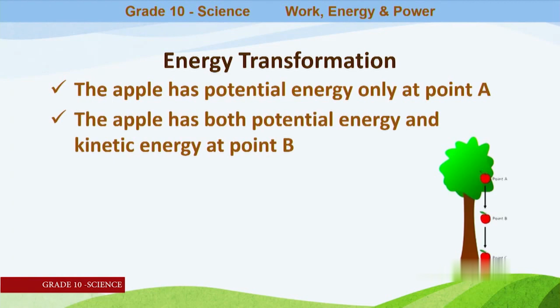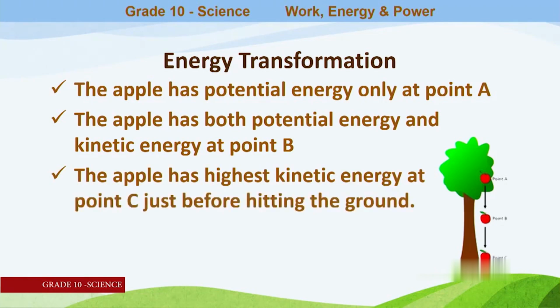At point A, the apple has only potential energy, but at point B, the apple has some velocity as it is falling. So, it has kinetic energy. In addition to that, the apple is at a certain height from the ground. So, it has potential energy as well. So, at point B, the apple has both potential energy and kinetic energy.